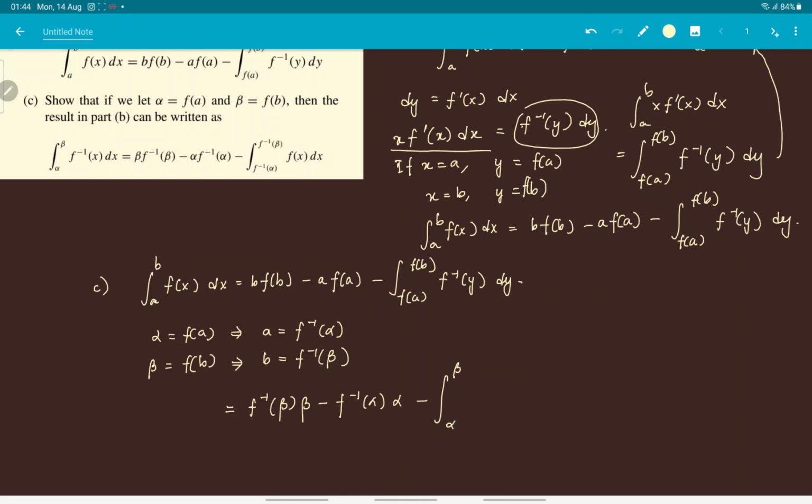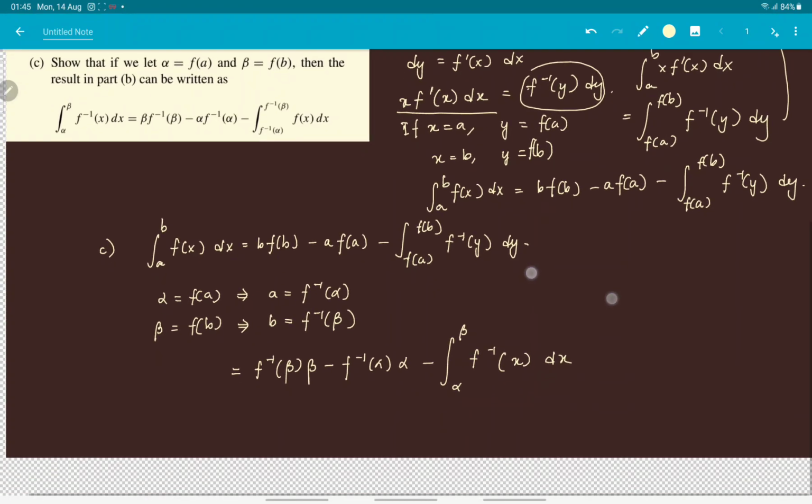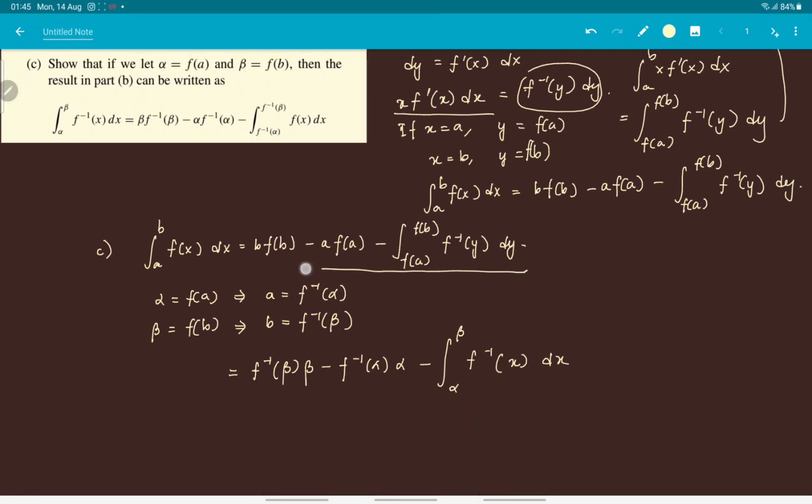So we can replace this y variable with x, just like this. There is no problem about it. Now we have changed the right hand side of the equation, and now we are changing the left hand side.